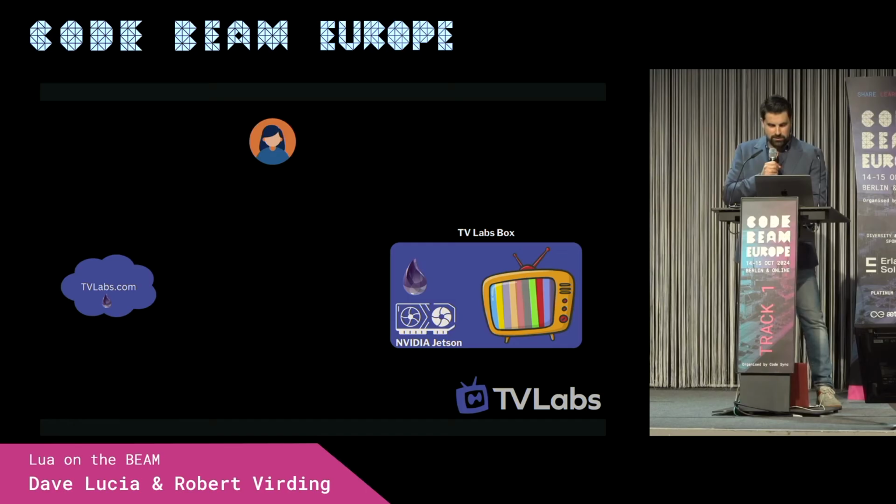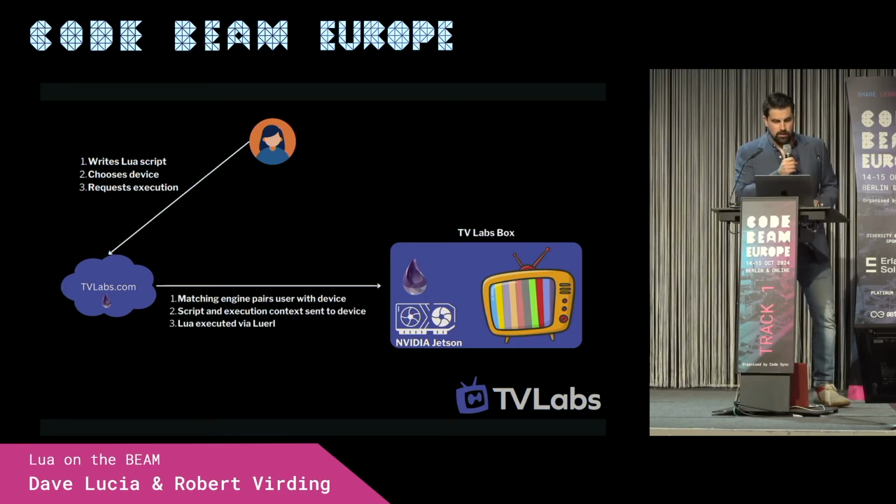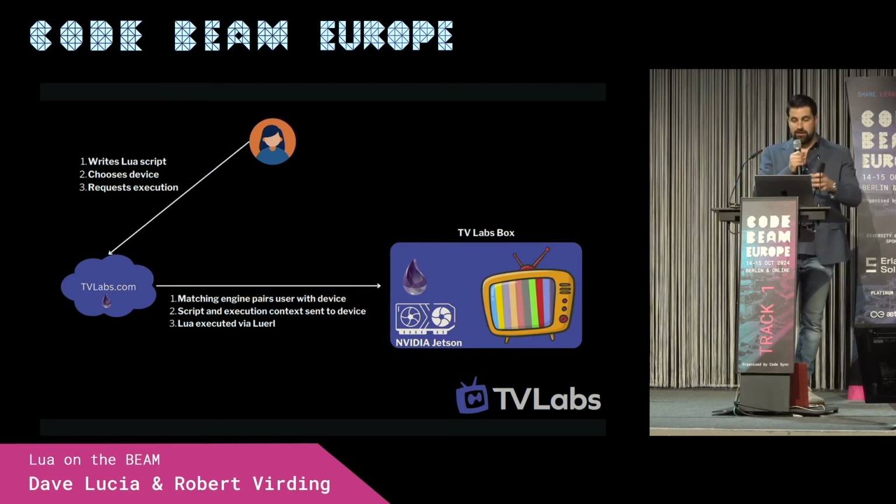Our product works a bit like this. A user writes a Luerl script, or possibly even just uses our no-code drag and drop workflow tool. They then pick a device or a range of devices that they want to run their code on, and request execution. Our platform, which is tracking all of our available devices, matches them with a set of devices and sends the script and any execution context down.